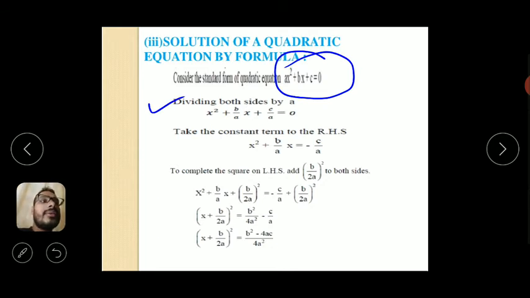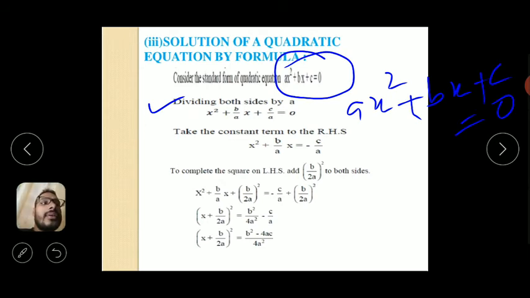Just see here. First is ax square plus bx plus c is equal to 0. This is the equation. Now the coefficient of x square is a, so we have to remove this a first of all.